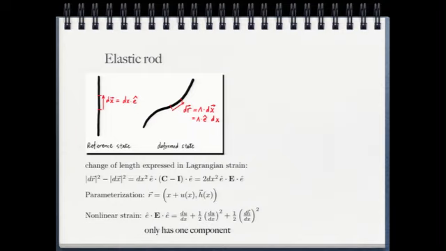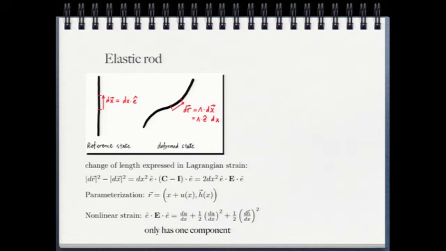Let's look at a small segment, dx, in the undeformed state. After the deformation, it's transformed into dr, which is a linear transformation of dx via this lambda, the 3 by 3 deformation gradient.